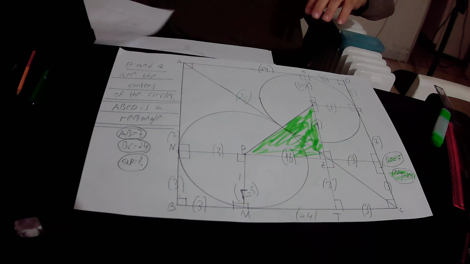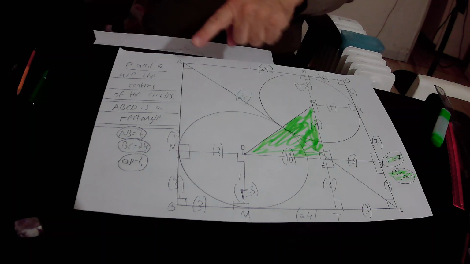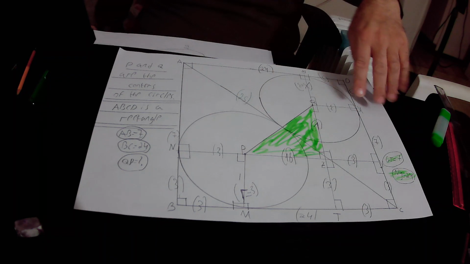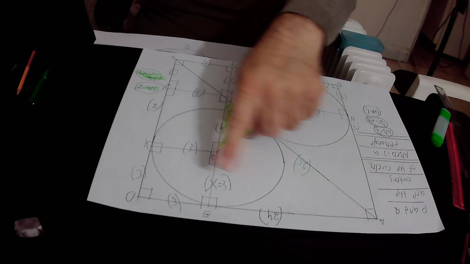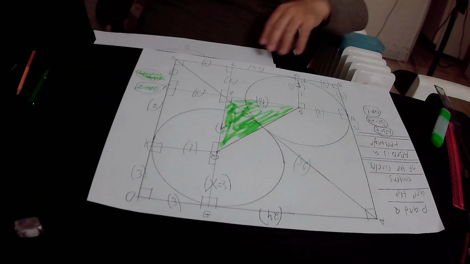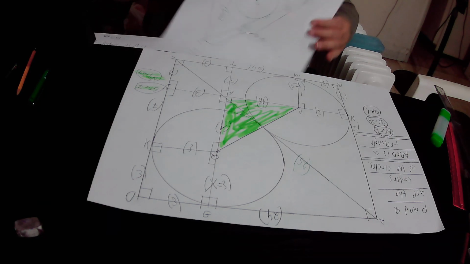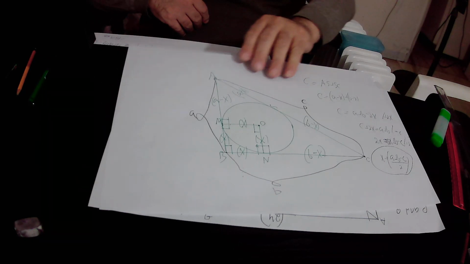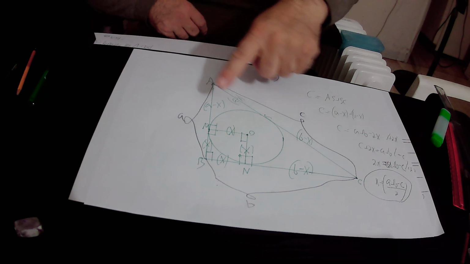Then the right triangle ABC blocks this circle, while the right triangle CDA blocks this circle. So in the next step, we actually developed a general formula for the radius of any circle that is blocked by a right triangle.